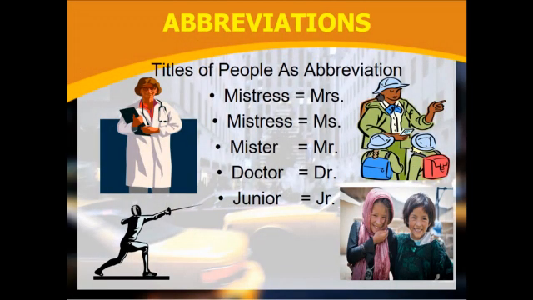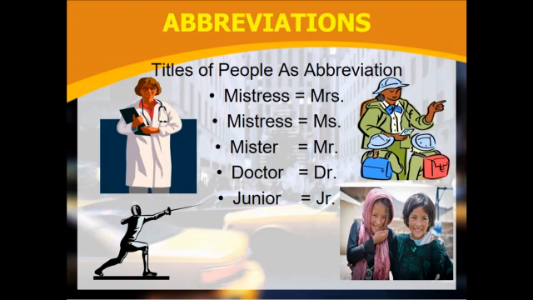Abbreviation can also be done on titles of people. Like Mrs., we write it as capital M, small r, small s with a period. Ms. is capital M, small s, and then a period.